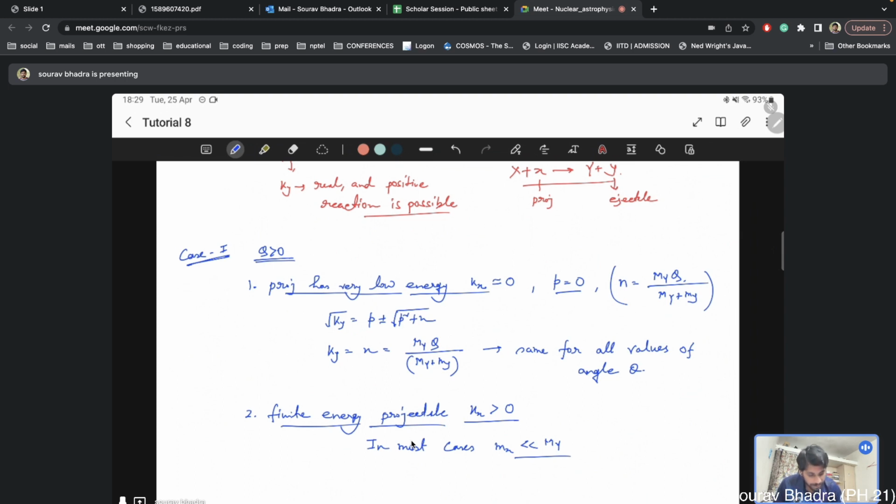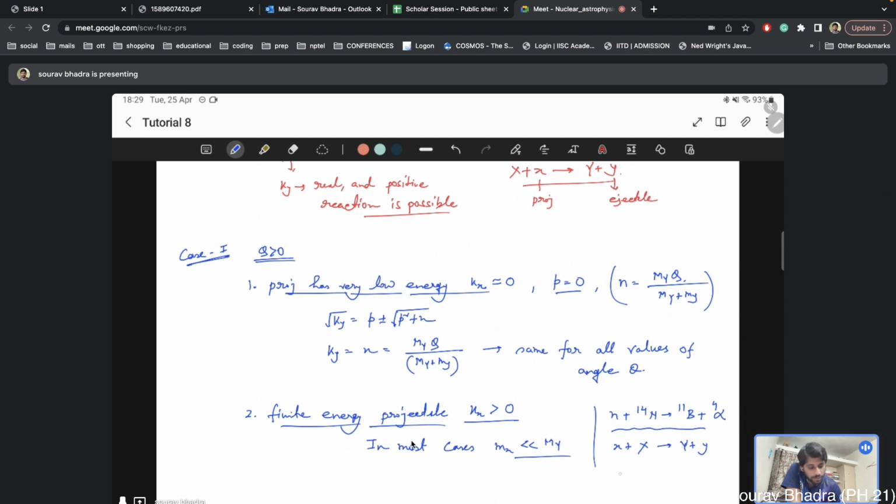This is the example: neutron plus 14N gives 11B plus an alpha particle. So for this equation, written in terms of x plus X equals capital Y plus small y, small x is the neutron and capital X is 14 nitrogen.